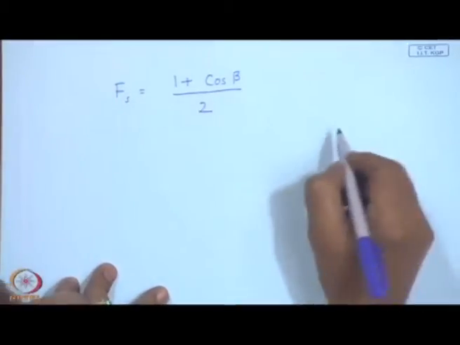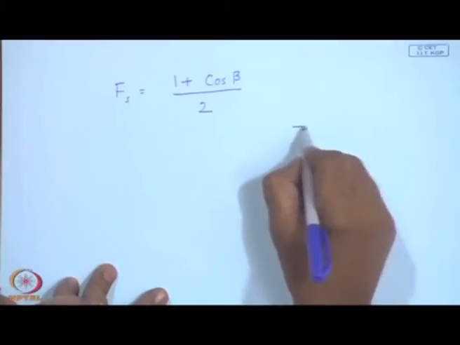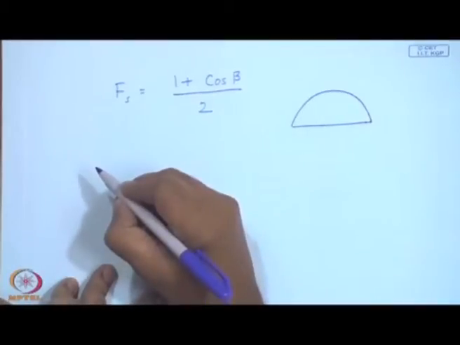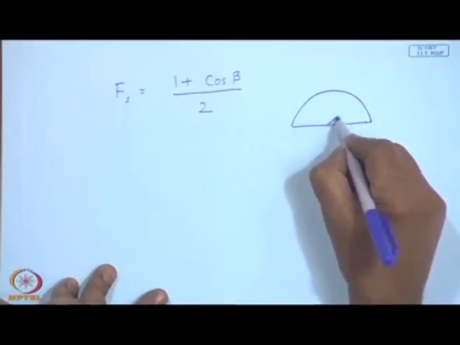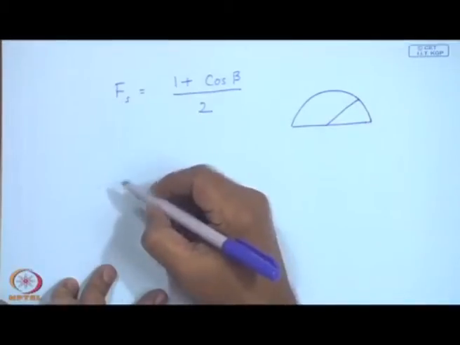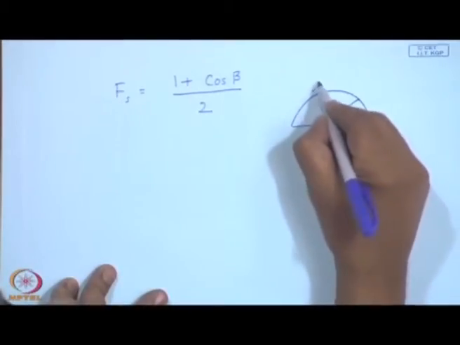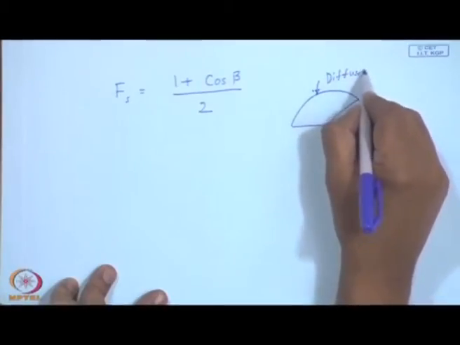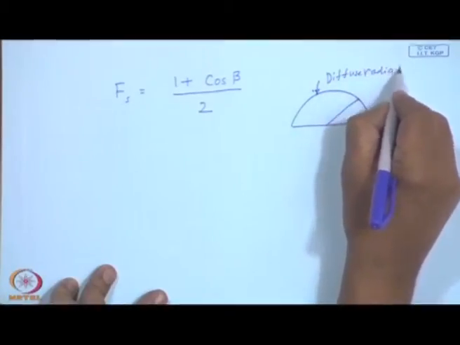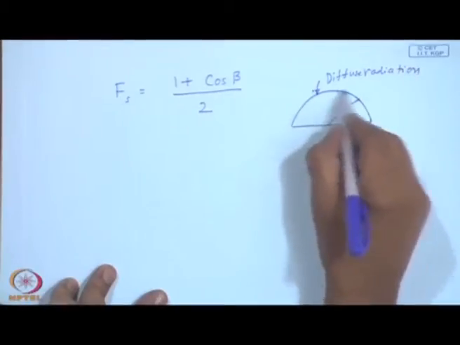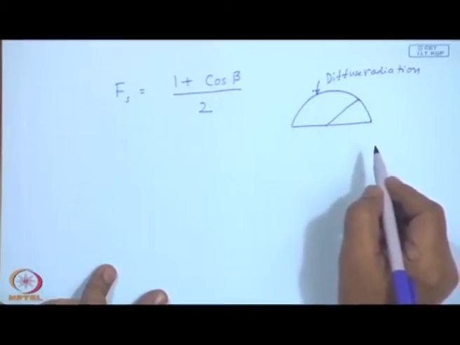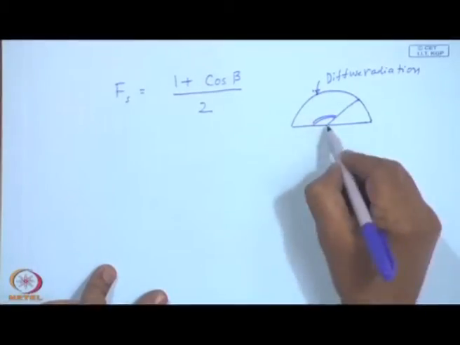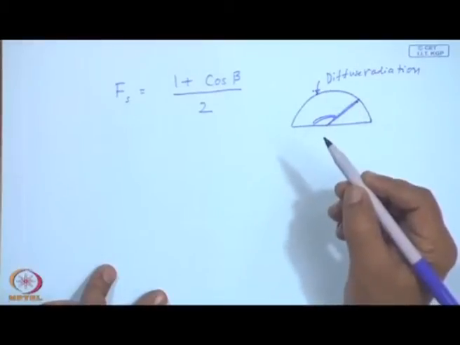Now, if you imagine a hemisphere, here is a collector, all the diffuse radiation over the hemisphere is your G d. So, this portion will be received by the solar collector.